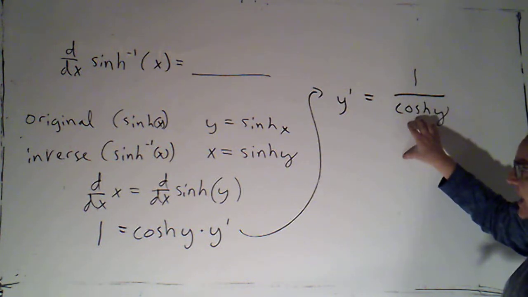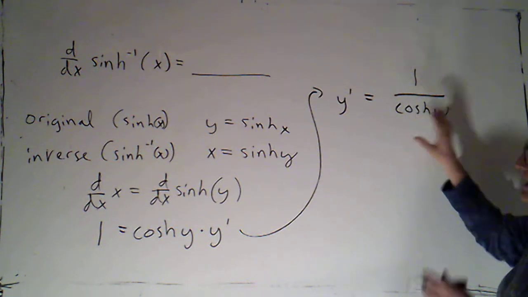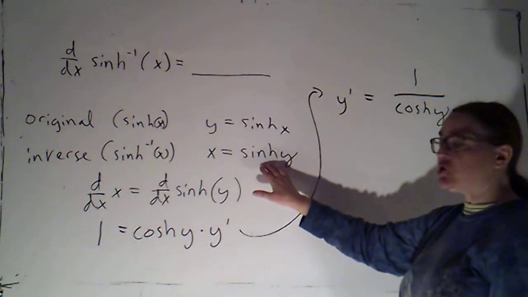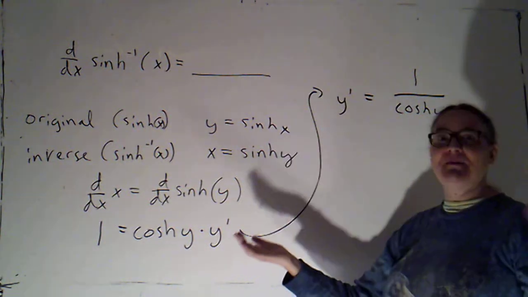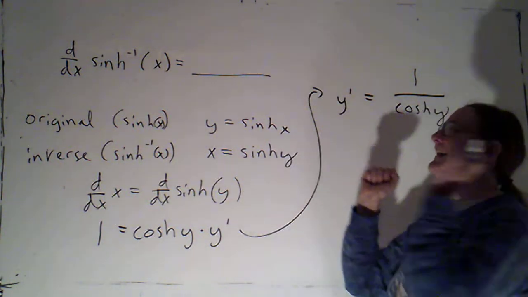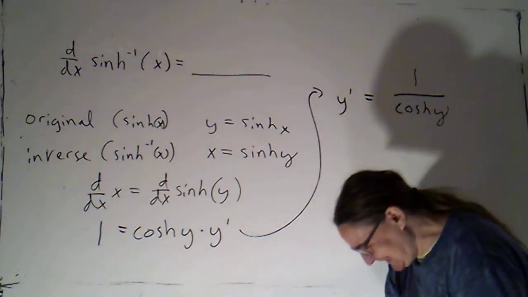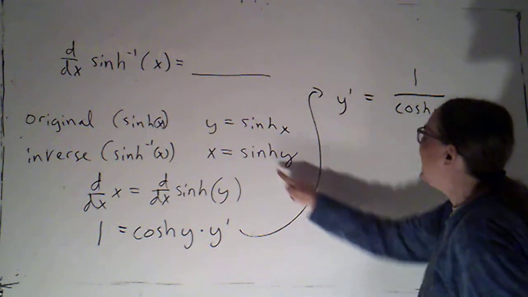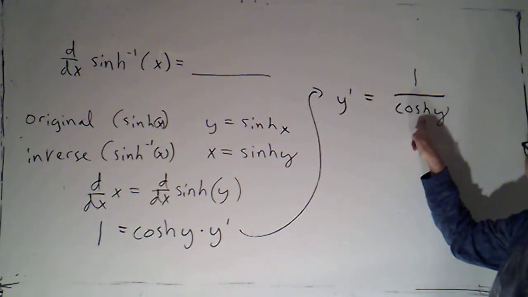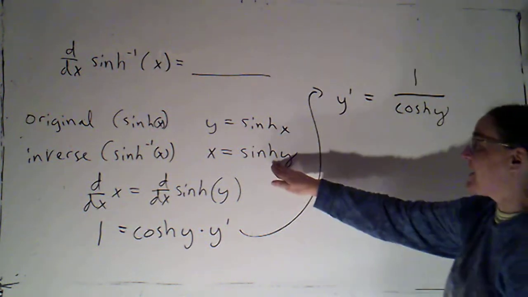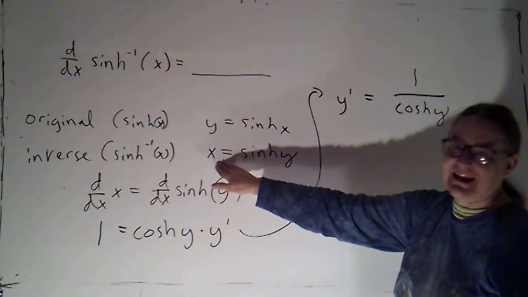Now I've got a cosh y here. If I had a sinh y, this would be a sinh. I wait all semester for that pun. Oh, yay. Okay, so I would like to express the denominator here in terms of sinh y so that I can replace sinh y with x.